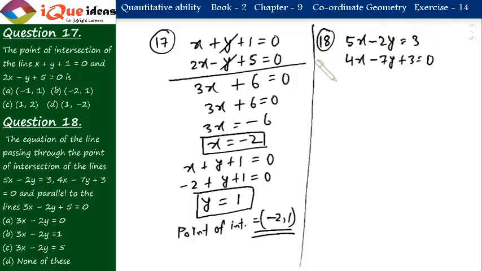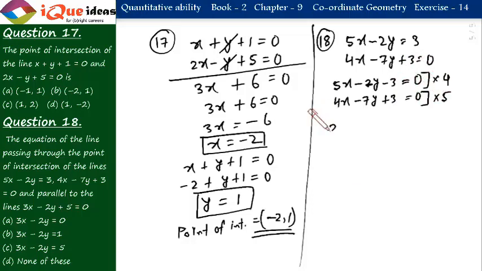So first equation is 5x minus 2y minus 3 equal to 0. And the second equation is 4x minus 7y plus 3 equal to 0. So let's multiply the first equation by 4 and the second equation by 5. So you get 20x minus 8y minus 12 is equal to 0.